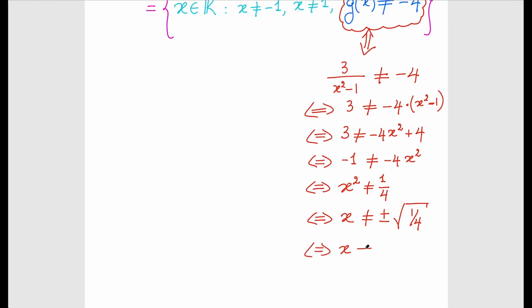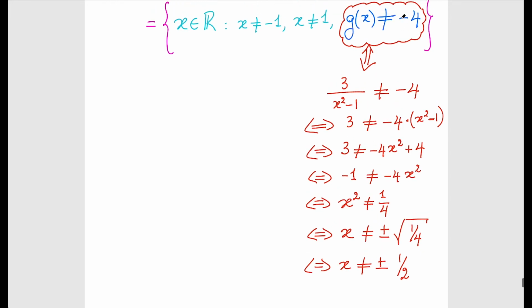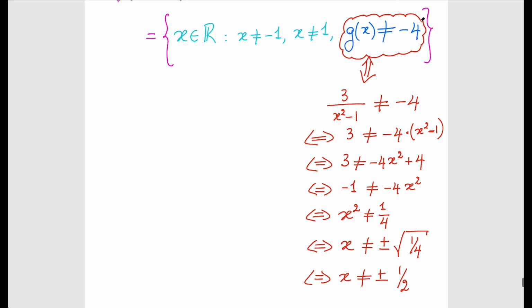So x should be different than plus 1/2 and minus 1/2. So this analysis here written in brown is to unravel what type of demands I should place on x based on this blue condition right there. And the condition is that x should not be positive half and x should not be negative half.